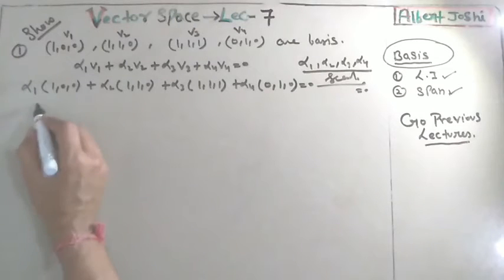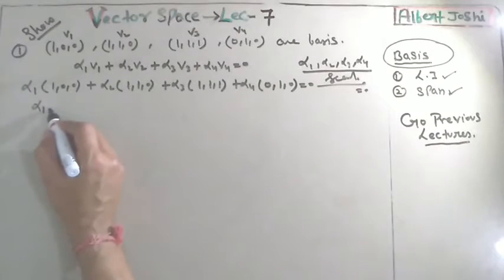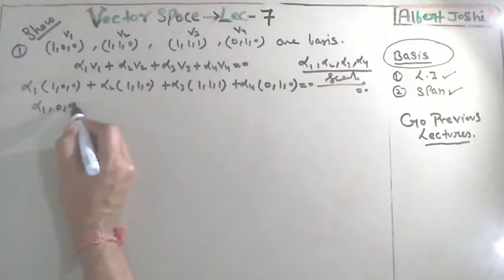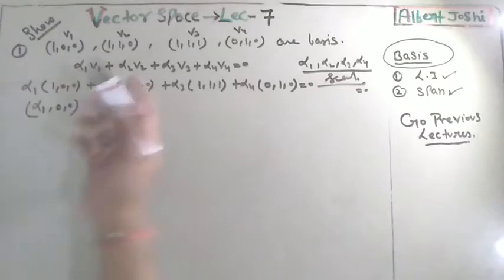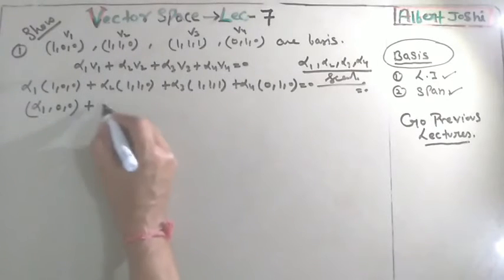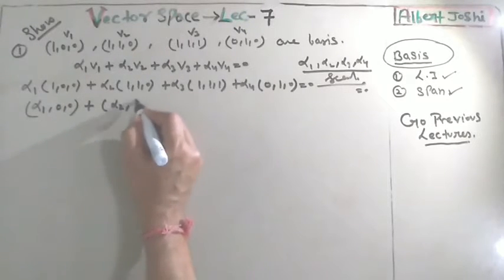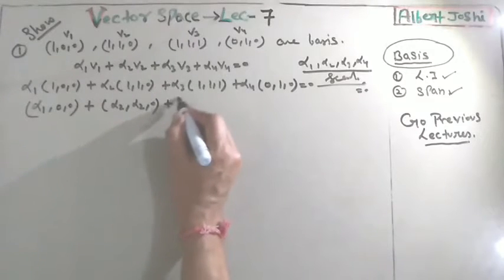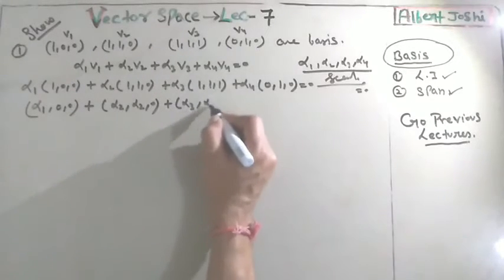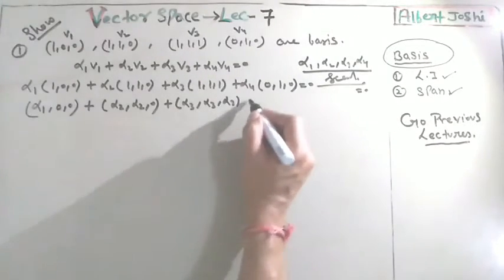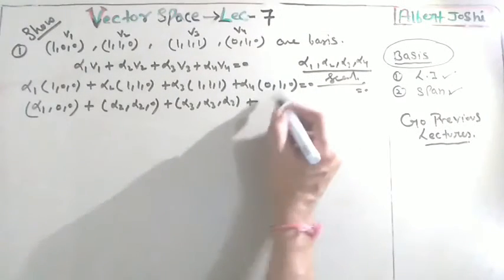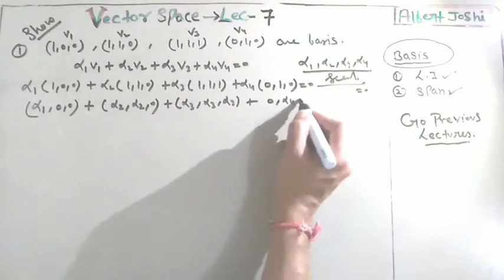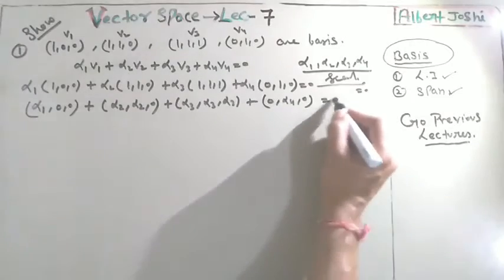Now multiplying, you get (alpha 1, 0, 0), plus (alpha 2, alpha 2, 0), plus (alpha 3, alpha 3, alpha 3), plus (0, alpha 4, 0). This is equal to 0.